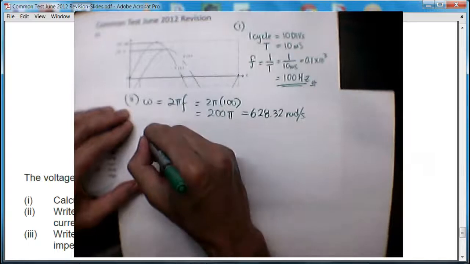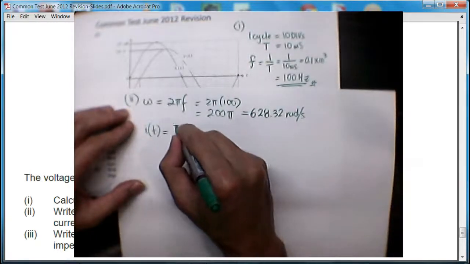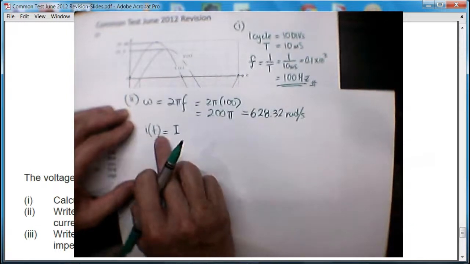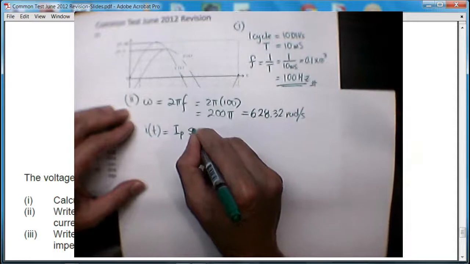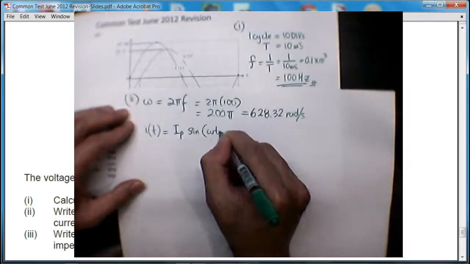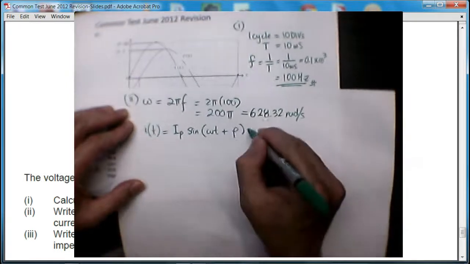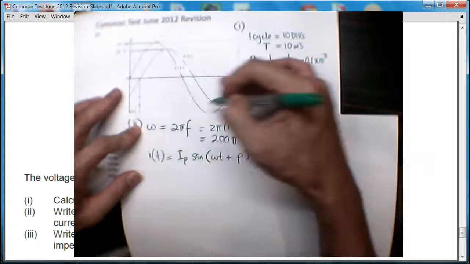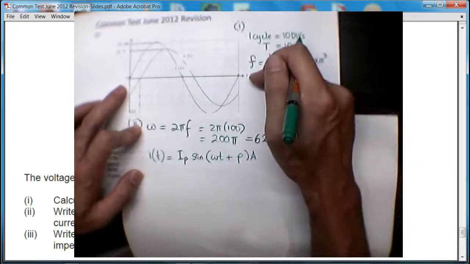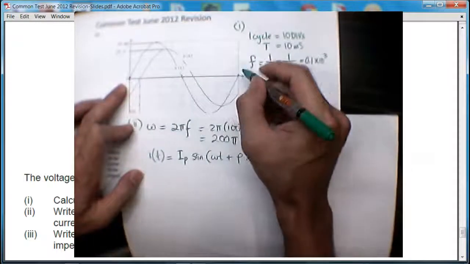Now the typical sinusoidal waveform is given as something like that. I as a function of t is equal to I peak value times sine of omega t plus any phase angle that I may have. Right? Now from the oscilloscope screenshot, the current starts at the 0 point and ends here.